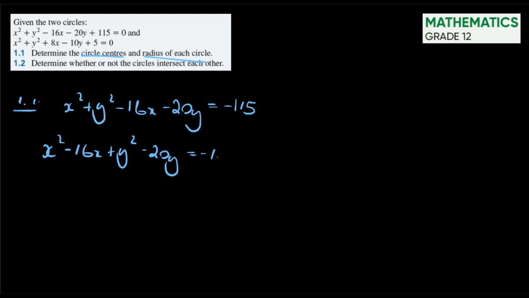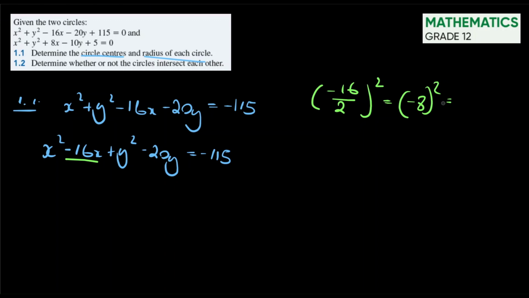And this really allows us to easily complete the square and identify the values that we're going to multiply by half or divide by 2. So we take the negative 16, divide by 2 or multiply by half. That'll give us negative 8 squared, because negative 16 divided by 2 is negative 8.